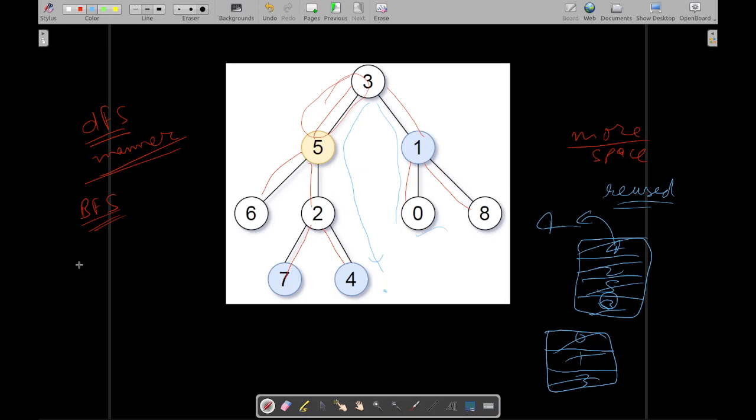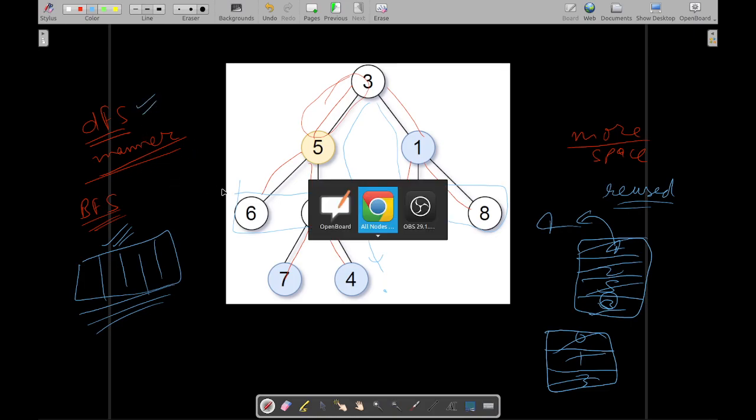But in case of the queue that we use in a BFS, if there are, for example, these nodes at one level, then they will be in the queue. It would not be the case that only the current path's nodes are in the queue. So it will generally take up more space, so that's why we are preferring DFS. So let's move towards the coding part.